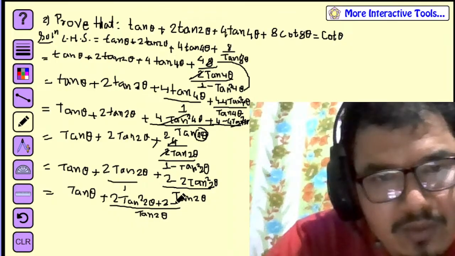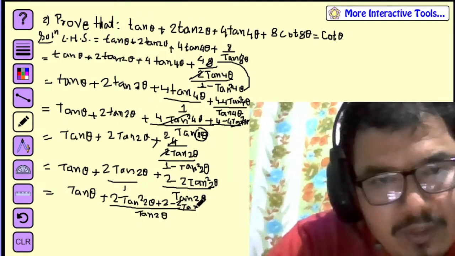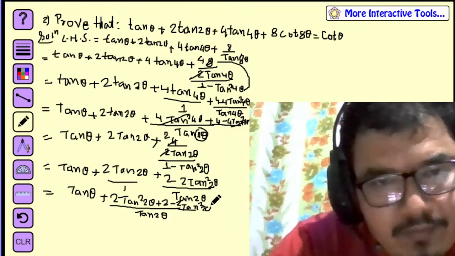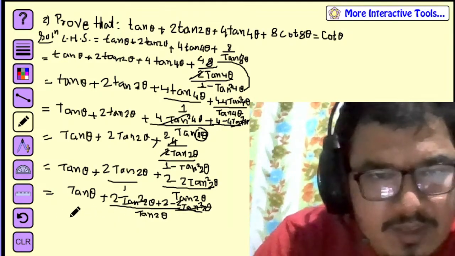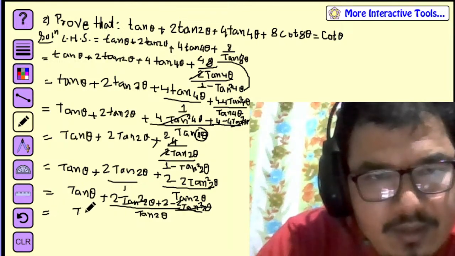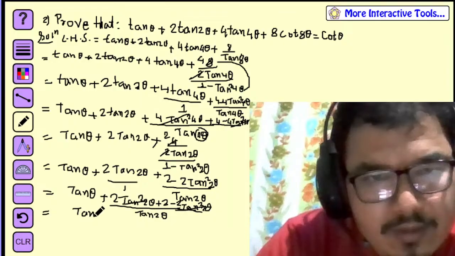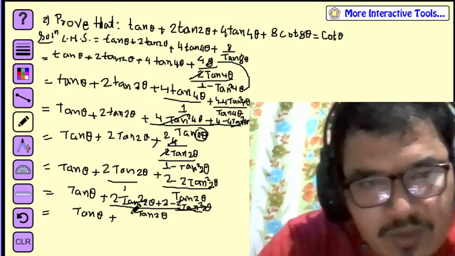That's why 2 minus 2 tan square 2 theta. Now this is minus and this is plus, so they cancel. Now here remaining is the same, tan theta, and 2 only is remaining here.